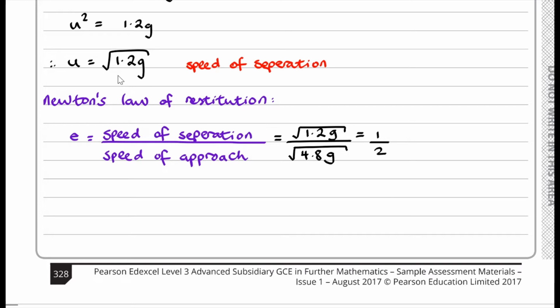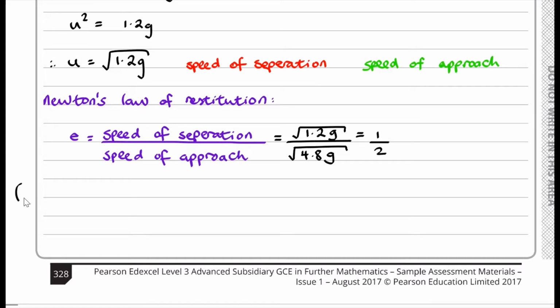This time the speed of approach would be this thing over here. So now we have the speed of approach, that's the square root of 1.2g.